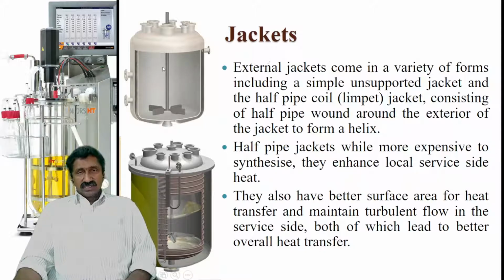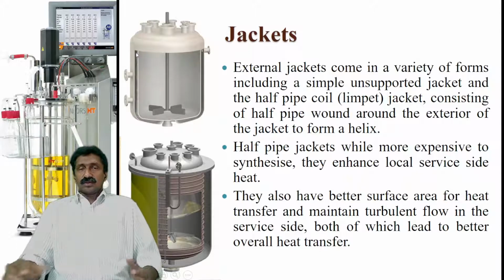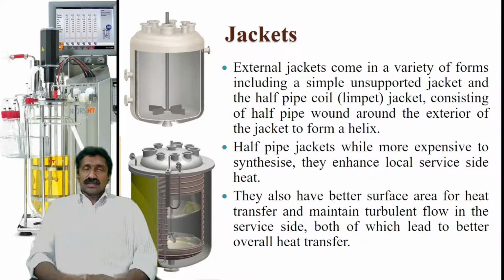But the simplest form of the jacket is that, say in this picture, you can see that there is an impeller shown at the center, which ensures mixing, and this is the internal tank which holds the medium, and the fermentation is done within the medium. And there is an external jacket, and in between the internal wall and the external jacket wall, there is a space which is filled with the cooling system or the coolant, maybe water or glycol or whatever coolant that you are providing.